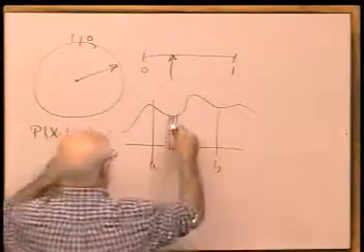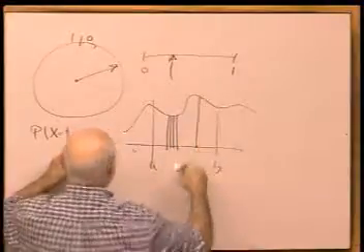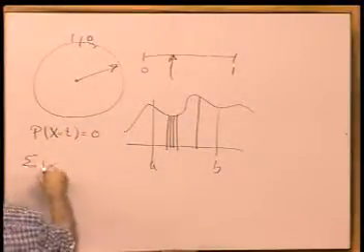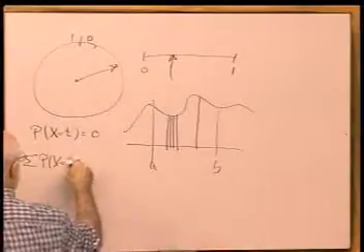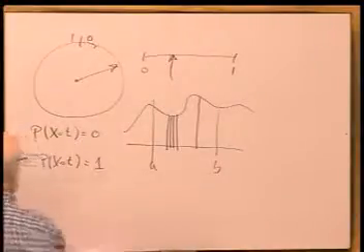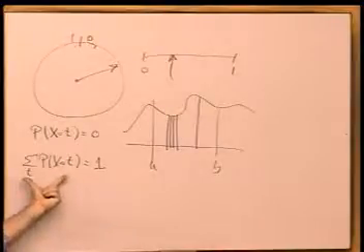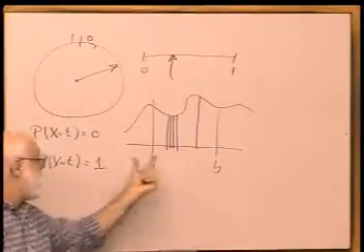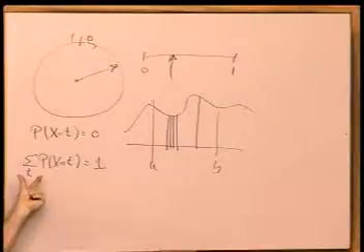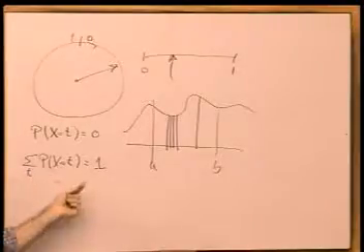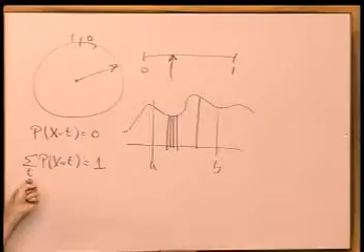Remember, this probability is like one of these strips. But if I added up all those zeros, I would get 1 if they're probabilities. Of course, you don't add these infinitesimal values. You integrate. You pass to the limit from a sum to an integral.